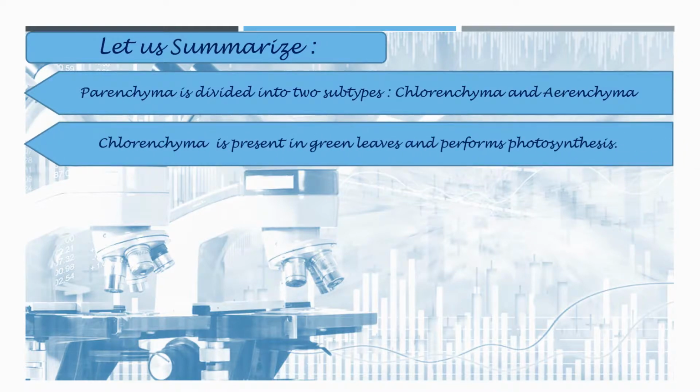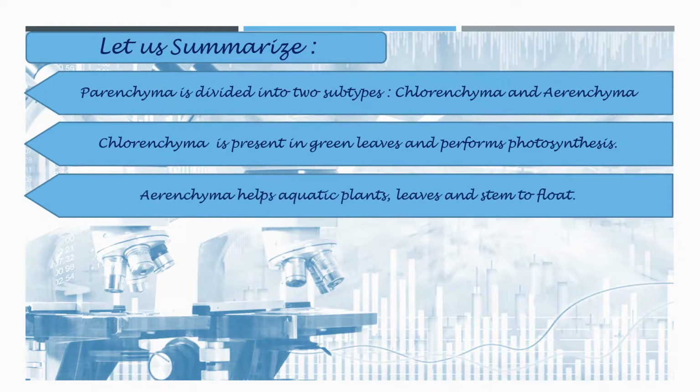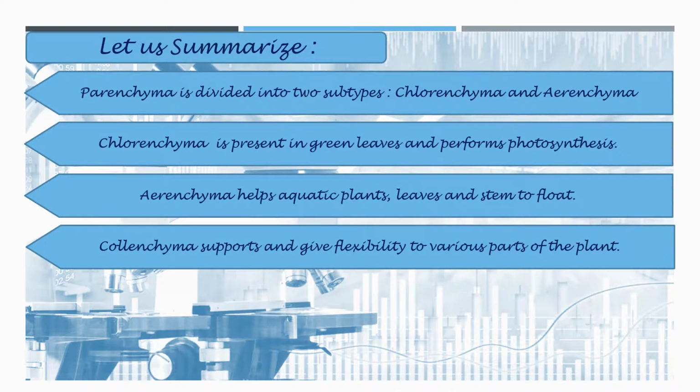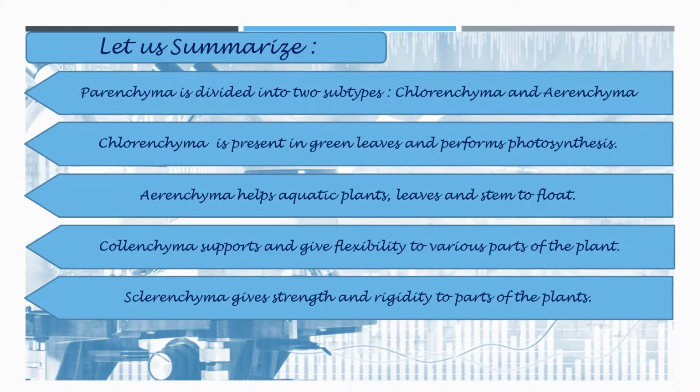Chlorenchyma is present in green leaves and performs photosynthesis, and aerenchyma helps aquatic plants, leaves and stem to float. Collenchyma, which is the second type of simple permanent tissue, supports and gives flexibility to various parts of the plant. And sclerenchyma, the third type of simple permanent tissue, gives strength and rigidity to parts of the plants.